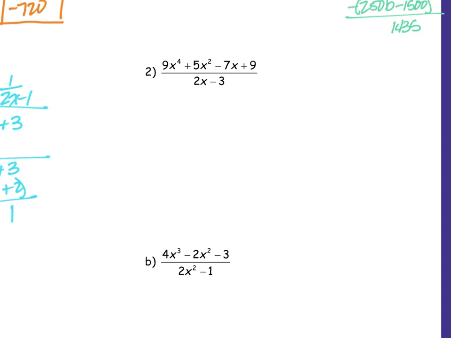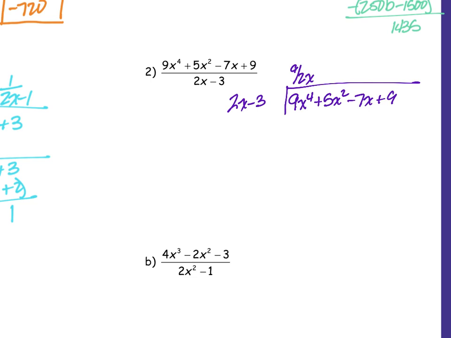So I got 9. I did this by long division. Plus 5x squared minus 7x plus 9, and 2x minus 3. So this is 9 halves x cubed. That gives me 9x to the 4th minus 27 halves x cubed.